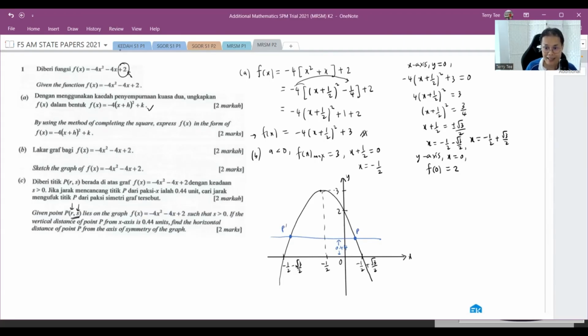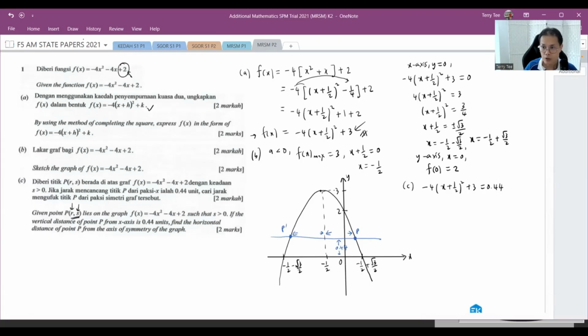So we know the height is 0.44. So we need to find your x value and then find this horizontal distance, either this or this. But because they're symmetrical, they're going to be the same. So we just find one. Okay, so let's start. We start by letting your y, in this case f(x), -4(x plus half) squared plus 3, let it be 0.44.